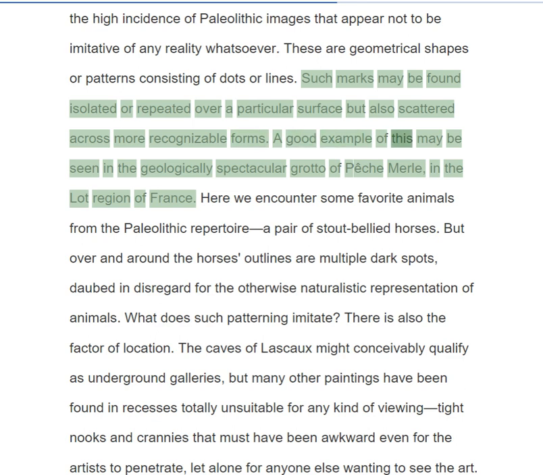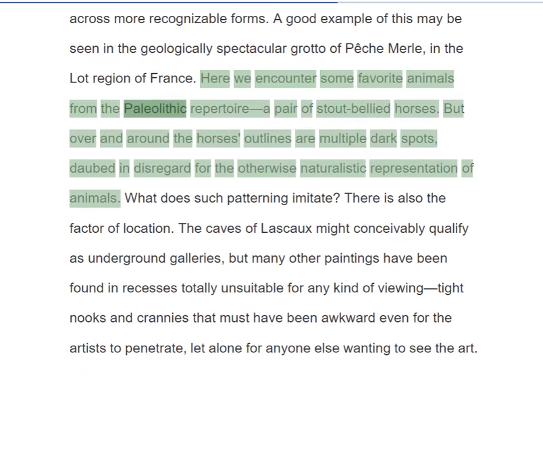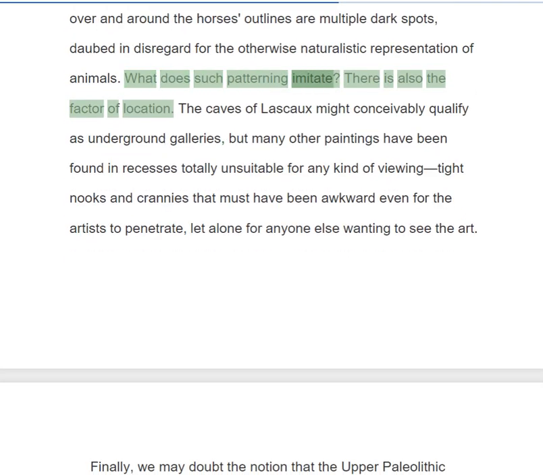A good example of this may be seen in the geologically spectacular grotto of Pech Merle, in the Lot region of France. Here we encounter some favorite animals from the Paleolithic repertoire, a pair of spotted horses. But over and around the horses' outlines are multiple dark spots, daubed in disregard for the otherwise naturalistic representation of animals. What does such patterning imitate?